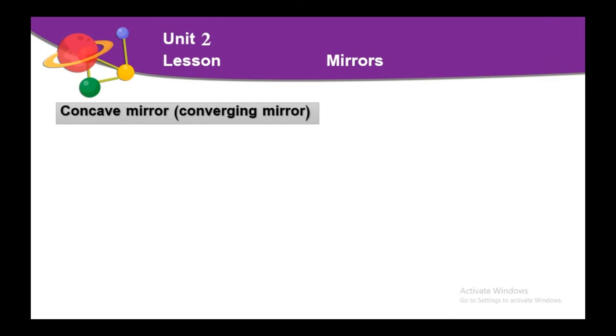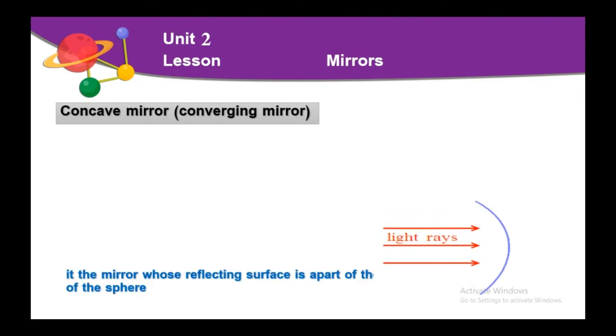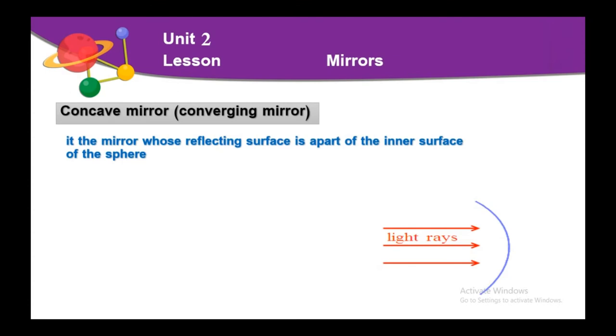We will start with concave mirror, or converging mirror. What is the meaning of concave mirror? It is a mirror whose reflecting surface is a part of the inner surface of a sphere.